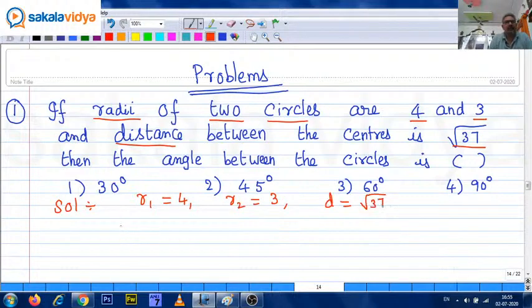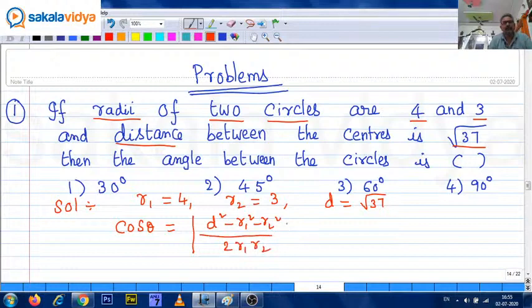Let theta be the angle. Cos theta is given by modulus of d square minus r1 square minus r2 square upon 2r1 r2. So this equals d square, that is 37 minus 16 minus 9 upon 2 times 4 times 3.